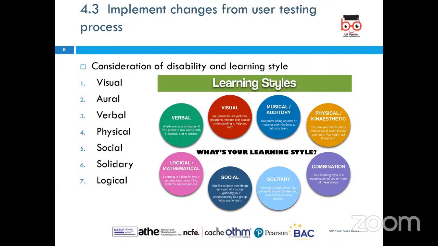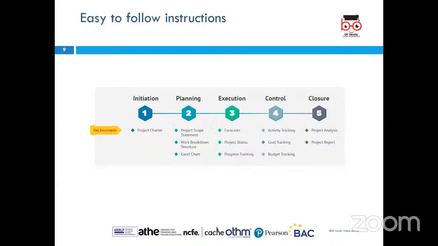These factors can be beneficial for an effective implementation of the changes, where we always have to take into consideration the limitations of each of our stakeholders. As you can see, there are easy to follow steps and instructions, which are pretty much the same that we've been covering the whole time.